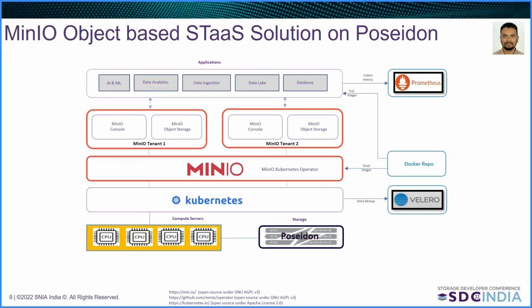Multiple tenants within the same Kubernetes cluster can be configured, for example, MinIO tenant 1 and MinIO tenant 2 in the diagram. Each tenant in turn can have different capacity, resources, and servers, as well as separate configuration like encryption and versions. This is true multi-tenancy architecture.